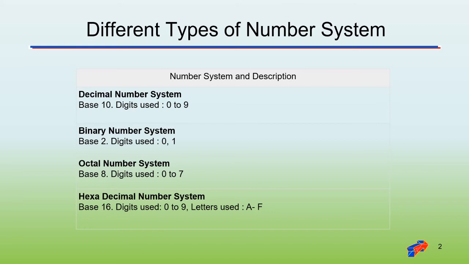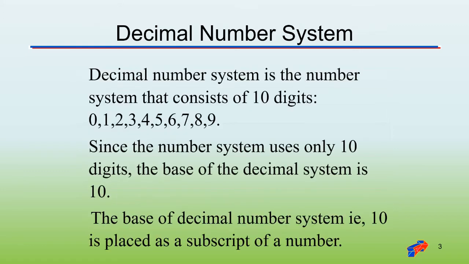Now we are going deep into what is meant by a decimal number system. A decimal number system is a number system that consists of 10 digits, that is 0, 1, 2, 3, 4, 5, 6, 7, 8 and 9.